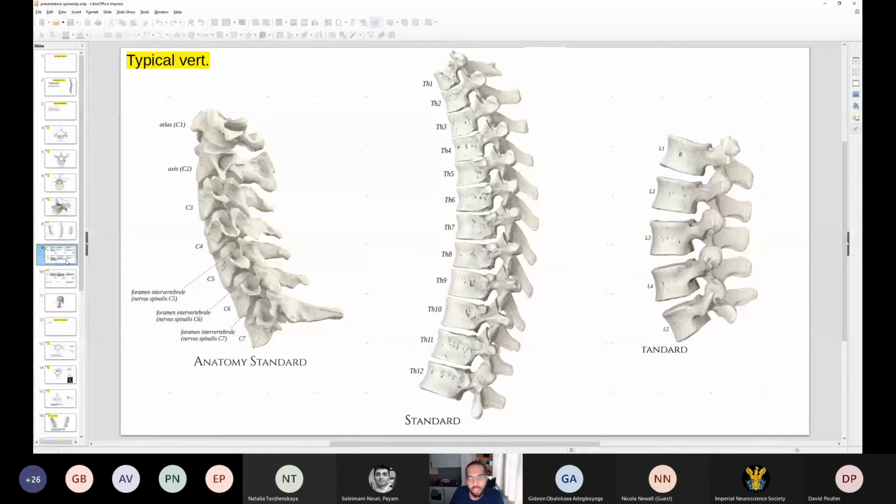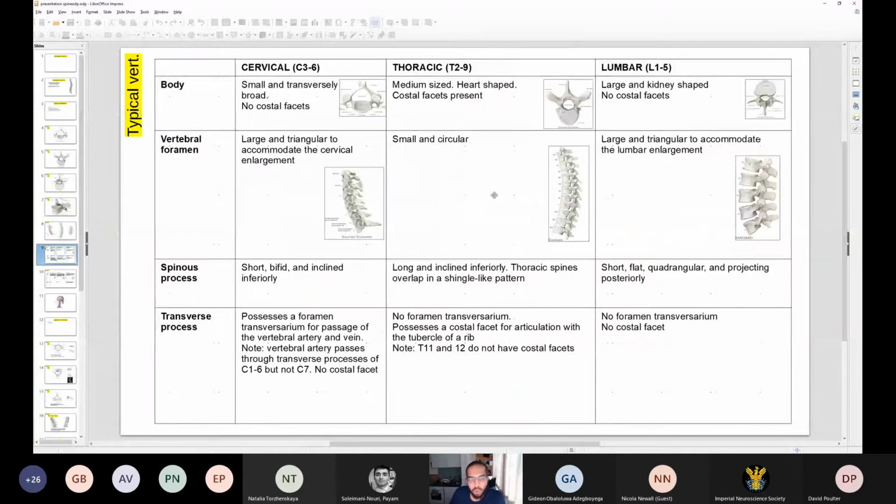So this slide's a bit busy, but most of this we've already covered. It summarizes what we've discussed already. This column is for the cervical vertebrae, and the typical cervical vertebrae are from C3 to C6. The thoracic are from T2 to T9.